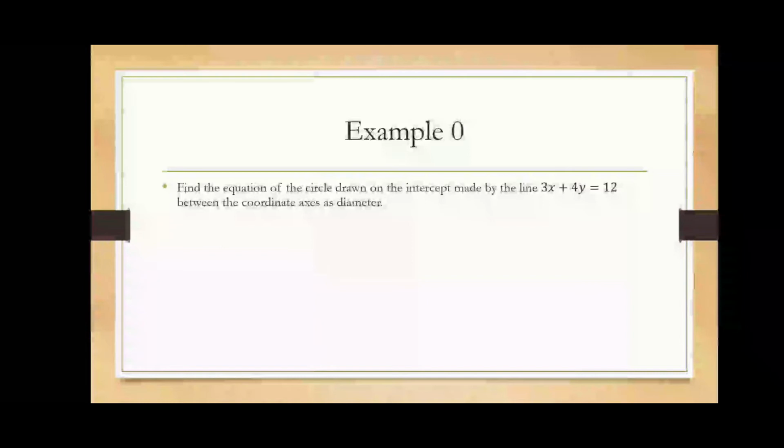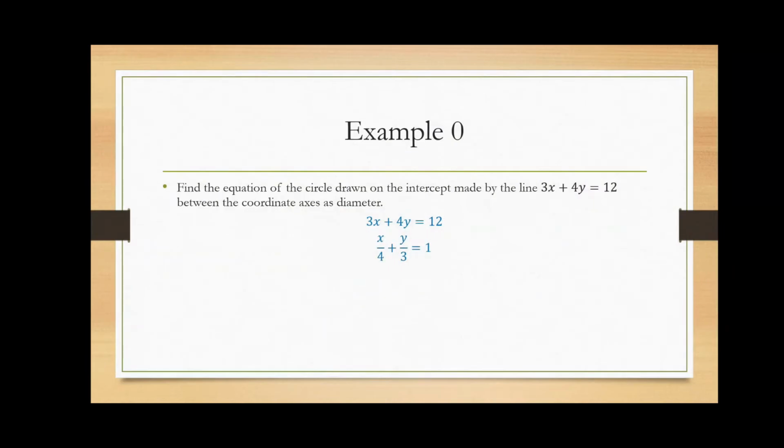So I just need to find the points of intercept, that is the points where the straight line intersects the axes, and then use those coordinates as the endpoints of the diameter in the diametric form of the circle and find the equation. To find the intercepts of the straight line, I just need to write it in the intercept form, that is x/4 + y/3 = 1.